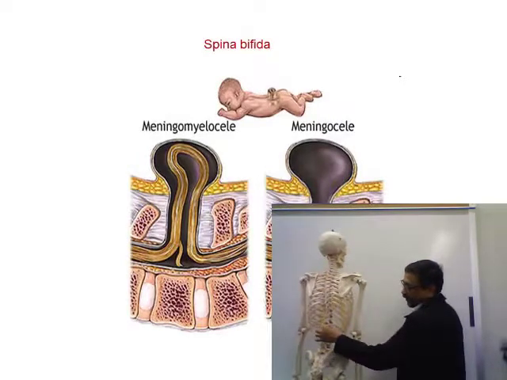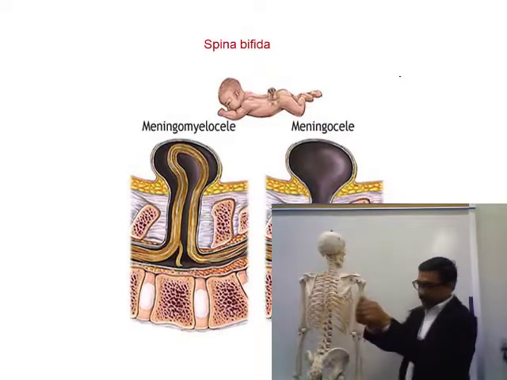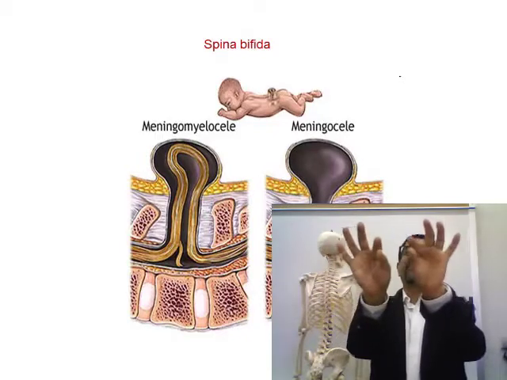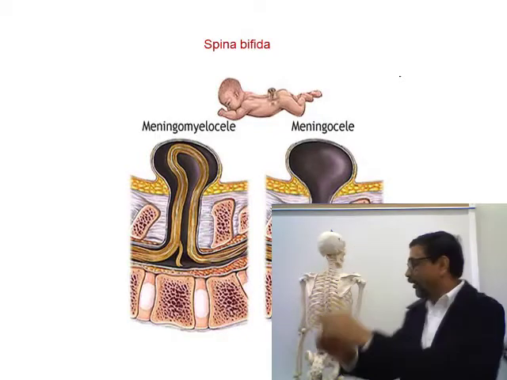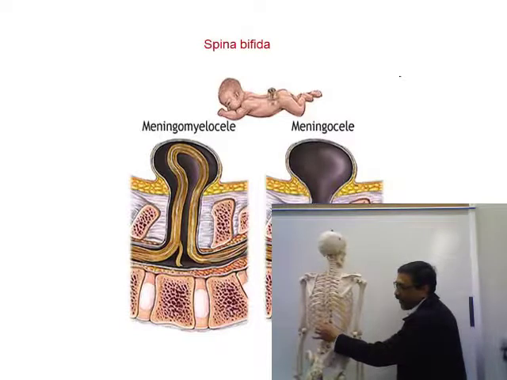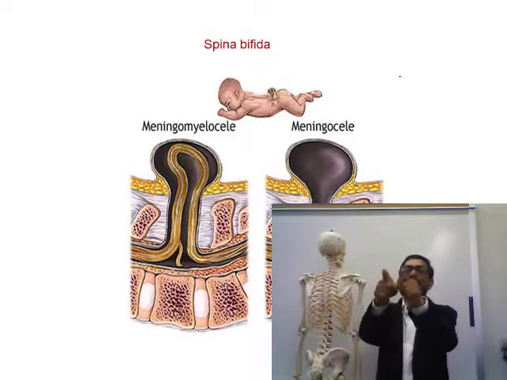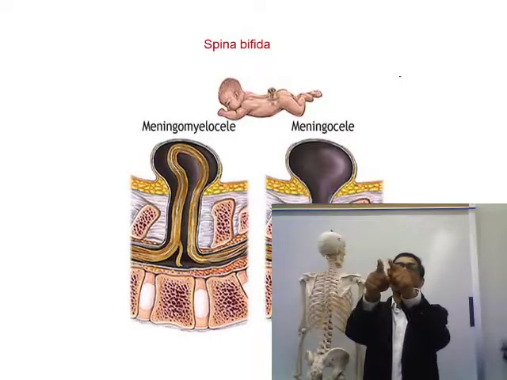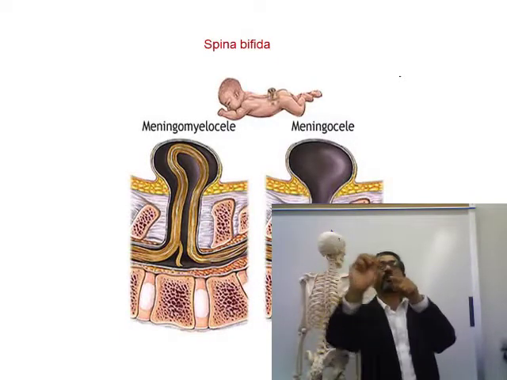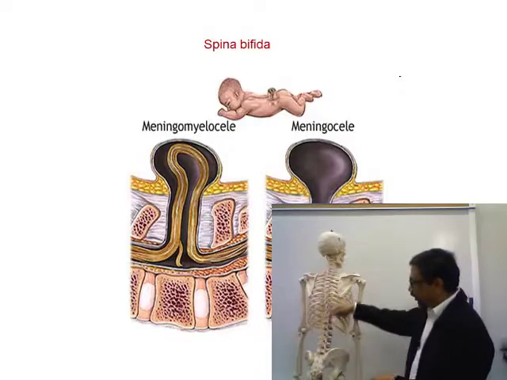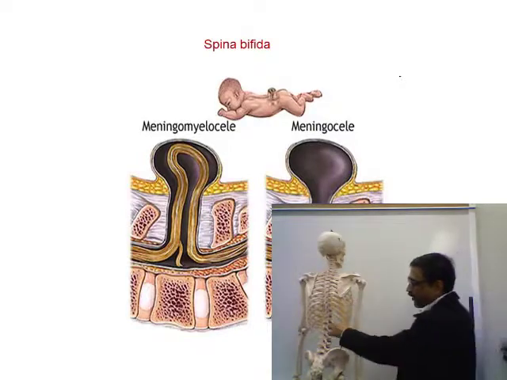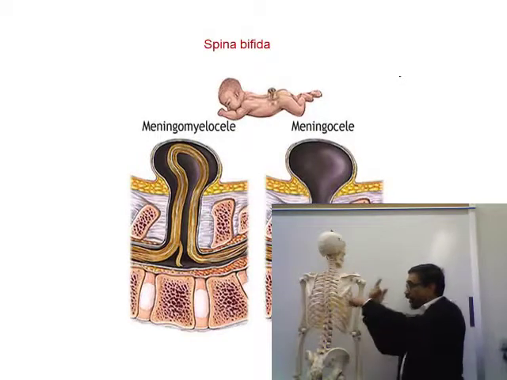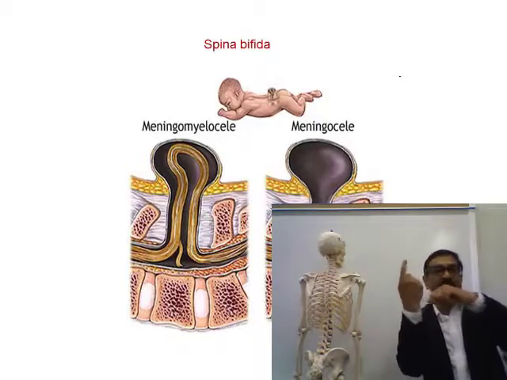For any reason, if the fusion of the 2 halves doesn't occur, what will happen? A space will remain in the back. The 2 halves will not fuse correctly, so a space will remain there. Inside the vertebral column you have the spinal cord, and its covering is called the meninges.